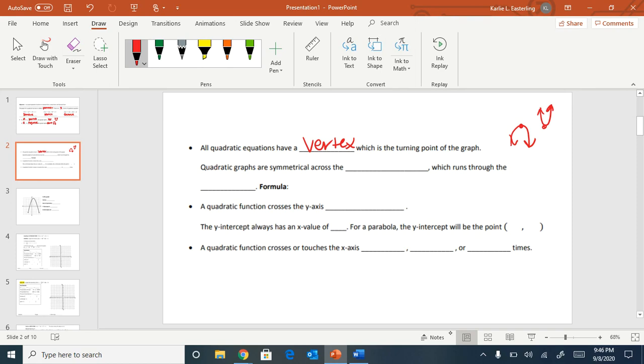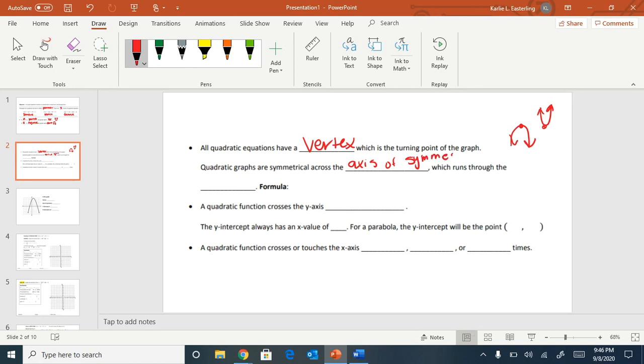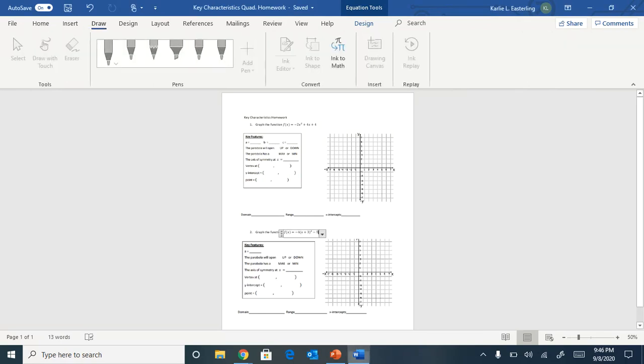Quadratic graphs are symmetric across the axis of symmetry. We even talked about this the other day in class, the line of symmetry. Axis of symmetry is the same thing. And the axis of symmetry runs through the vertex.